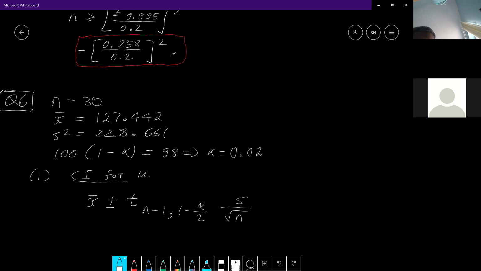For this particular situation, it will be 127.442 plus or minus t with 29, comma 1 minus alpha by 2 which is 0.99, times s, which is the square root of 228.661, divided by the square root of 30.